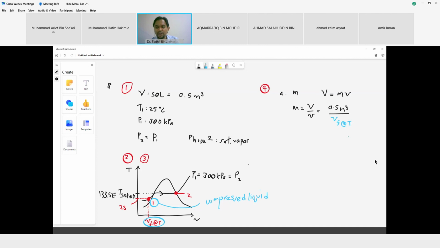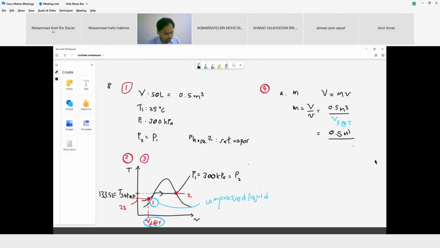So, find vf. Berapa nilai vf pada suhu 25 darjah Celsius? Look at the temperature table.